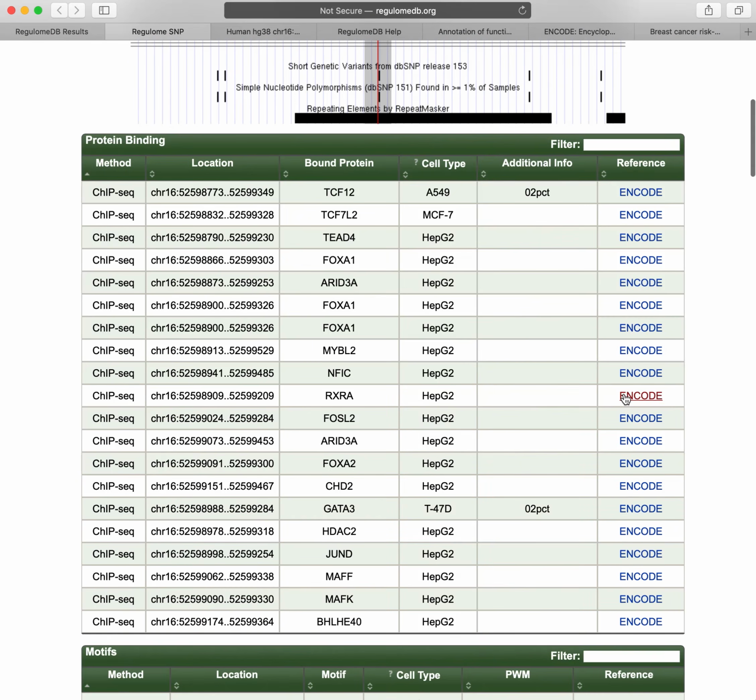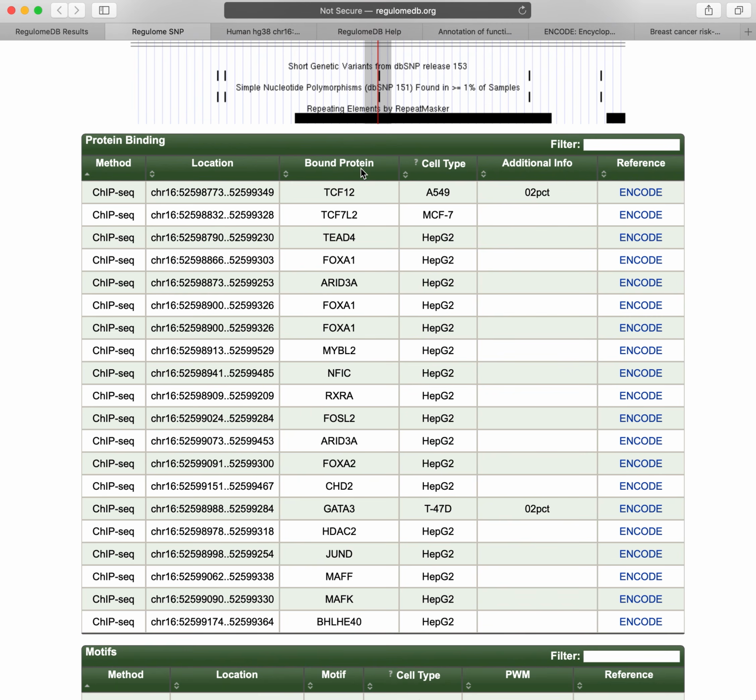Following the UCSC Genome Browser embedded view, the table shows all protein binding ChIP-seq data collected by this version of RegulomeDB. Here, each row is a transcription factor binding site, overlapping the queried SNP. The location column marks the start and end coordinates of the ChIP-seq peak.